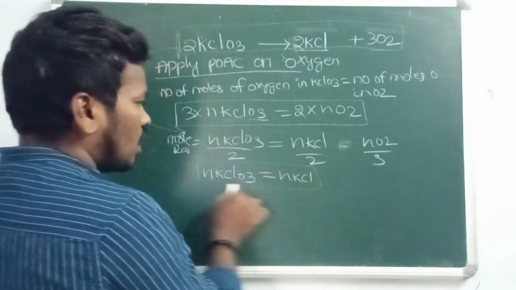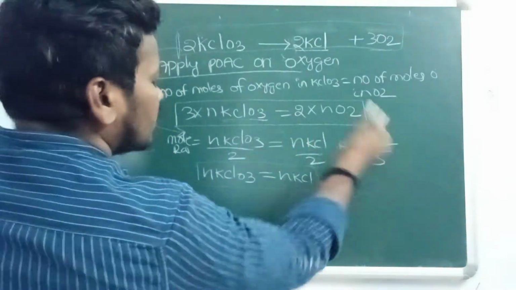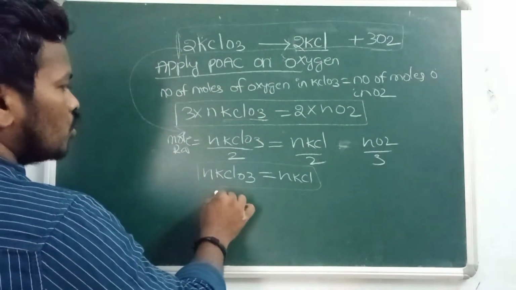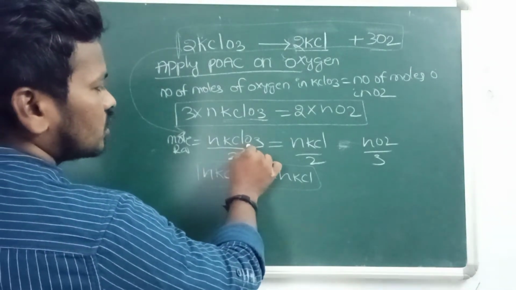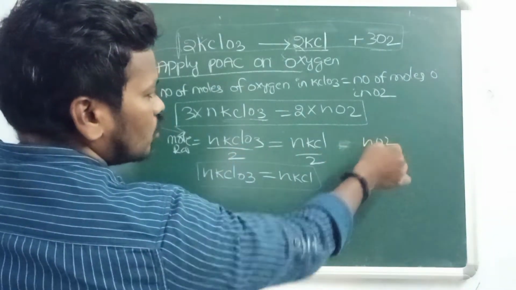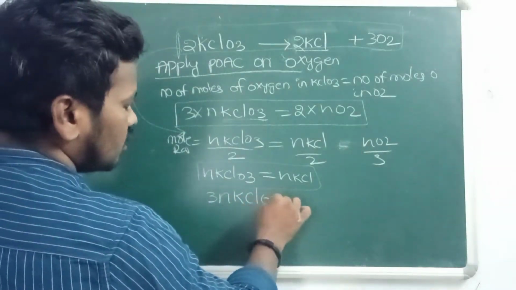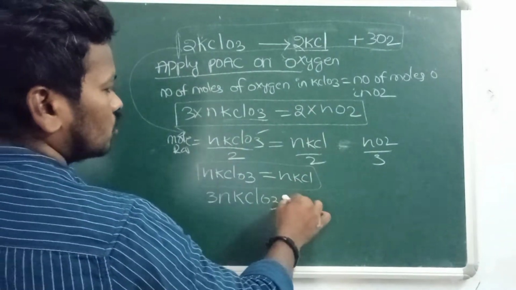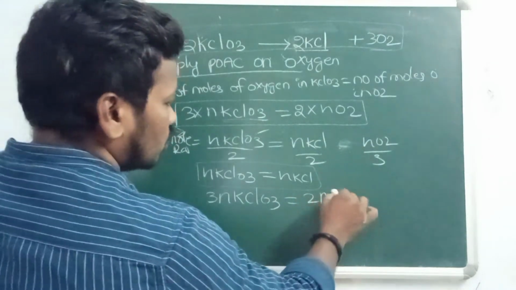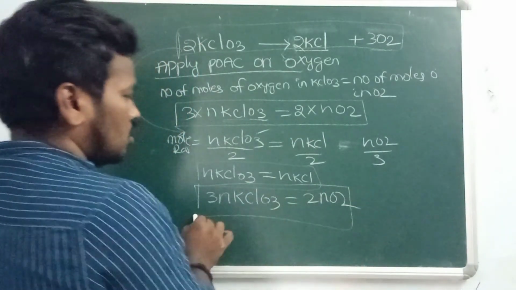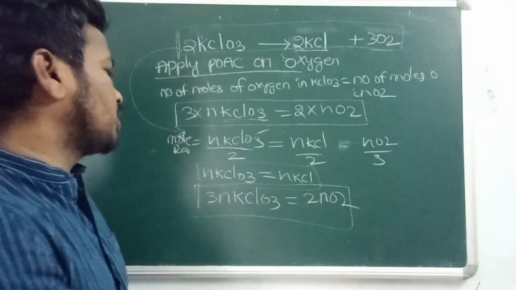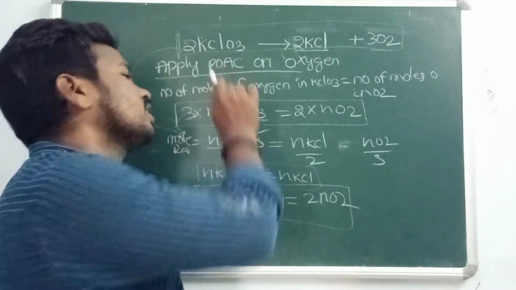This is what we have got. But with respect to oxygen, n KClO3 upon 2 is equal to n O2 by 3. So automatically you will get 3n KClO3 = 2n O2. With the balanced equation using the mole ratio you can get this, and POAC also gives this.